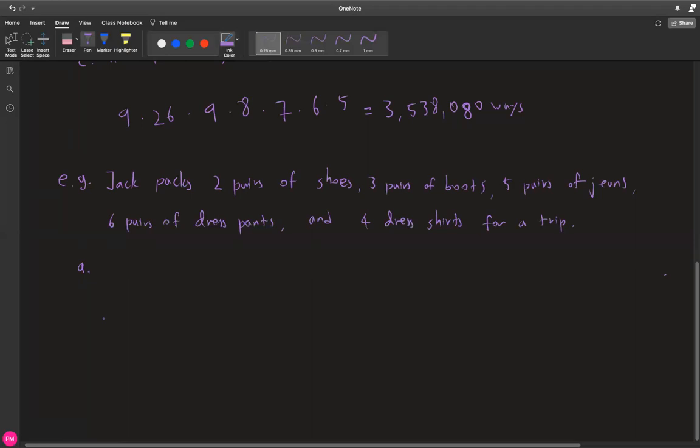Then how many different outfits can Jack make with these combinations?